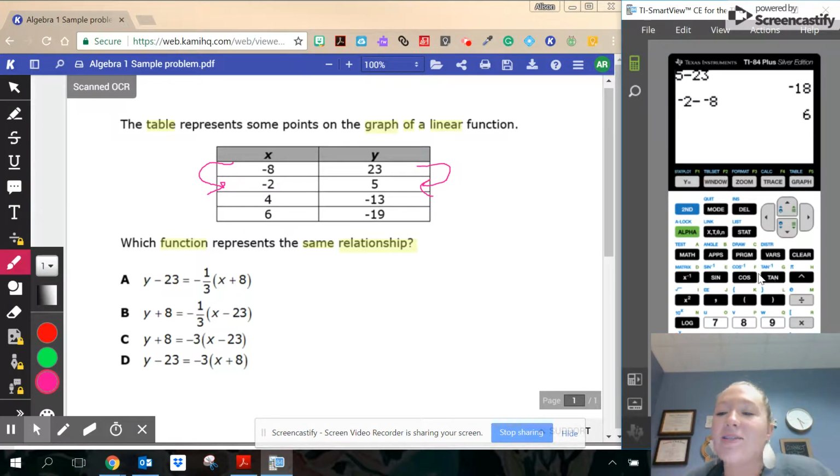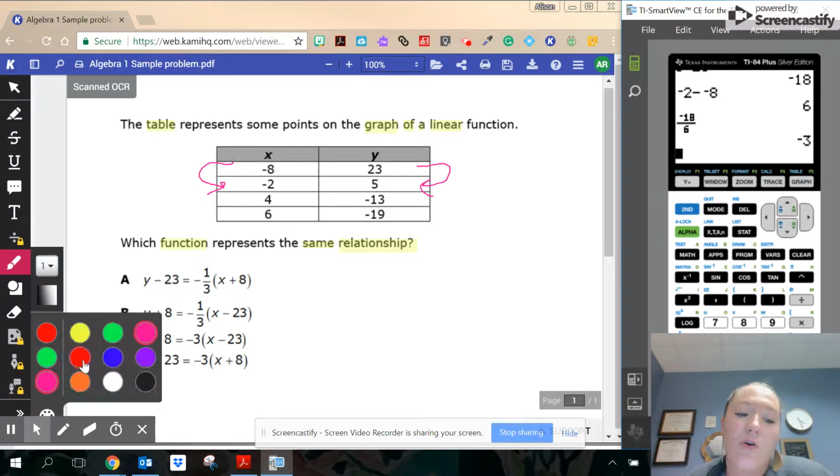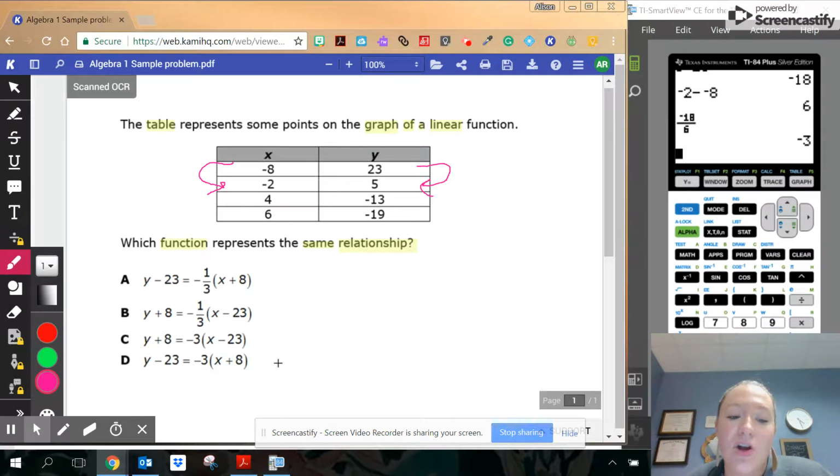For rise over run, I make a fraction: my rise is negative 18, and my run is 6. So I can see, guys, that my slope is negative 3. Right off the bat, I should be able to cross off 2 of these answers.